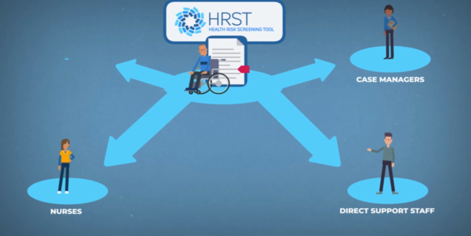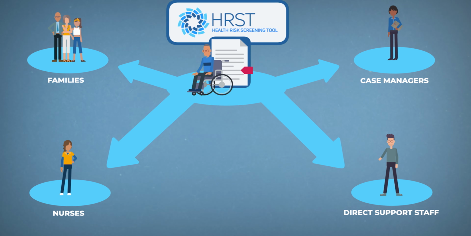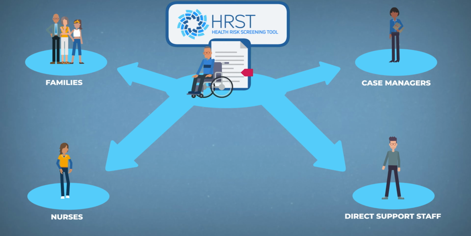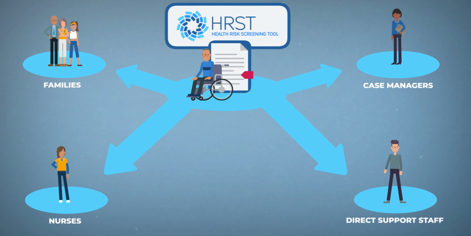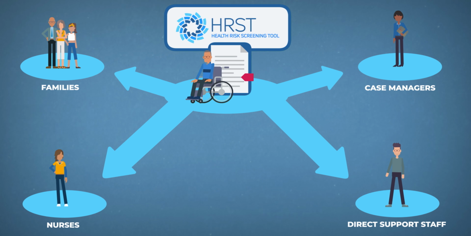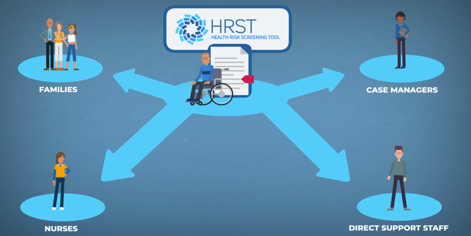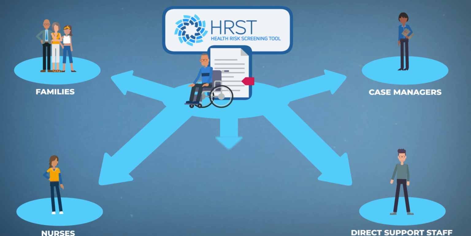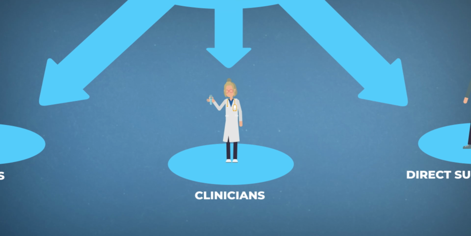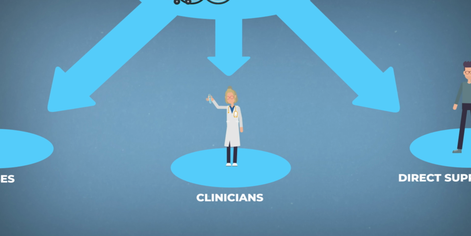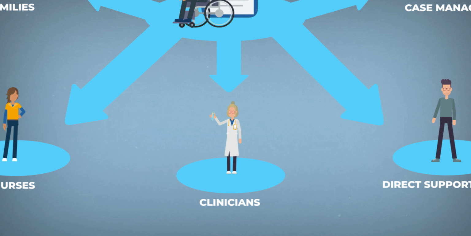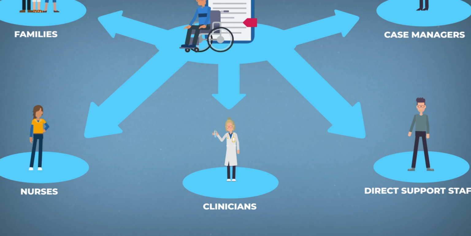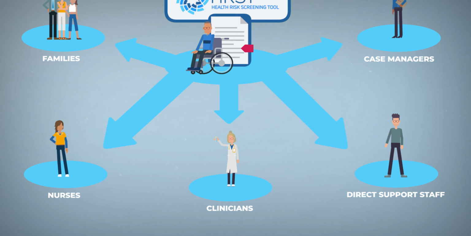Direct support staff and families gain essential guidance on how to respond to specific health concerns while offering hands-on, regular care, as well as how to have more meaningful conversations with community doctors and clinicians. Doctors and community providers can also use the HRST's information as a quick, meaningful snapshot of a person's health to inform treatment responses. The HRST addresses Medicaid services mandates.